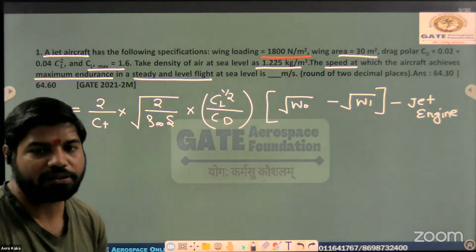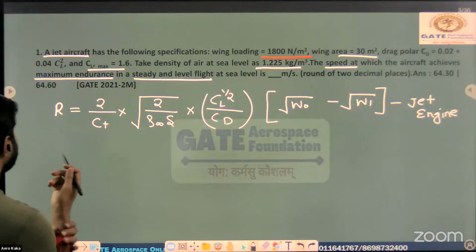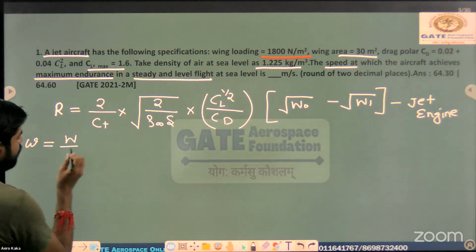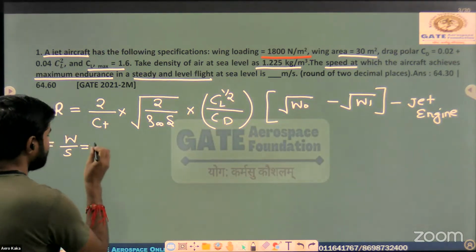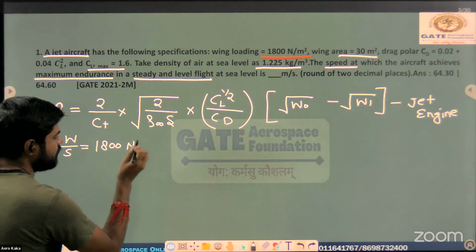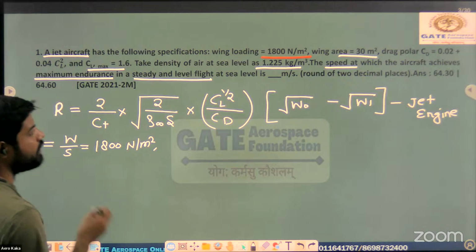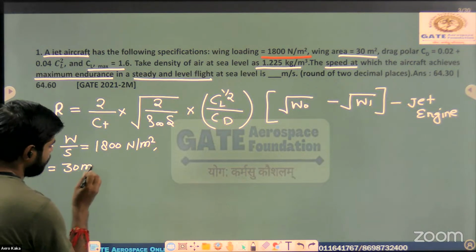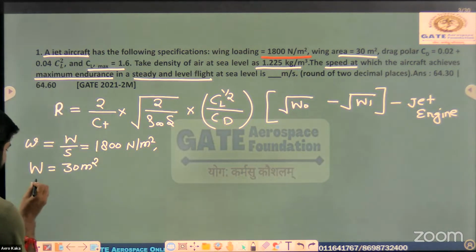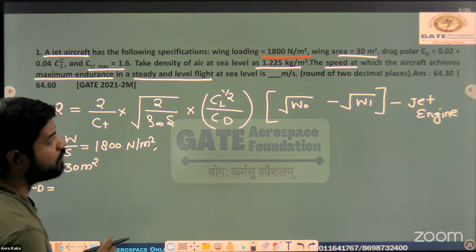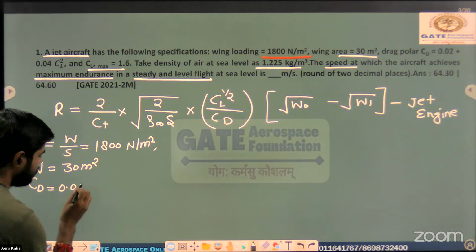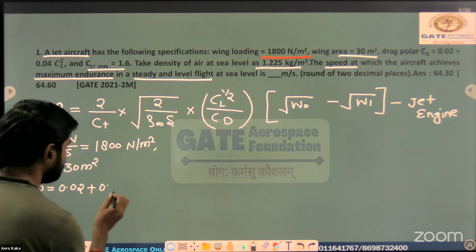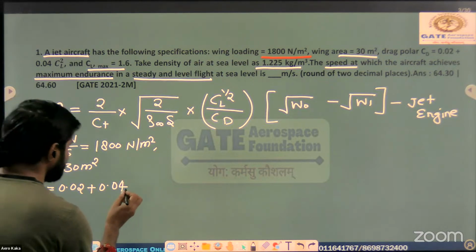Now, what is given in this question? Let's write it down. Wing loading is given, so generally we define the wing loading small w equal to capital W upon S, which is given here as 1800 Newton per meter square, or you can say Pascal. Then wing area is given, S is equal to 30 meters square. Then drag polar of this aircraft is given, CD is equal to 0.02 plus 0.04 CL square.